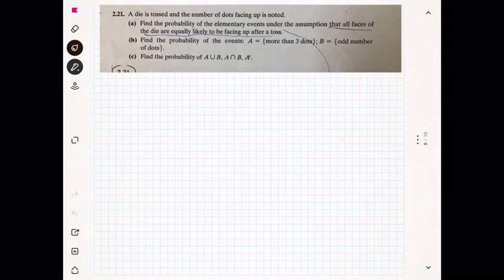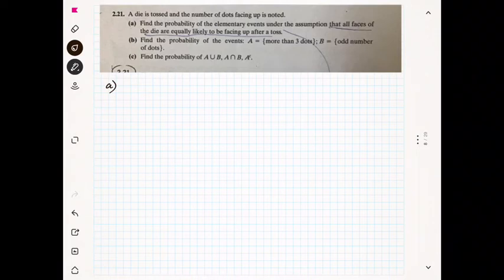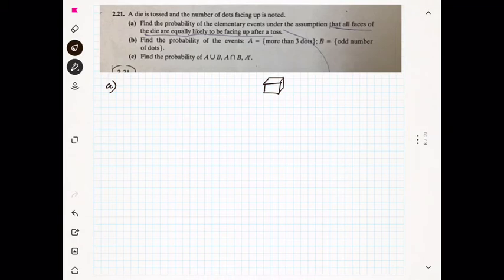Okay, so the first part of the question, actually, what is the probability that all the faces of the dice are equally likely? So if you are repeating this experiment many times, you may get all the faces equal number of times. If you note out the frequency of occurrence of each face, then you can see that it will be almost equal.